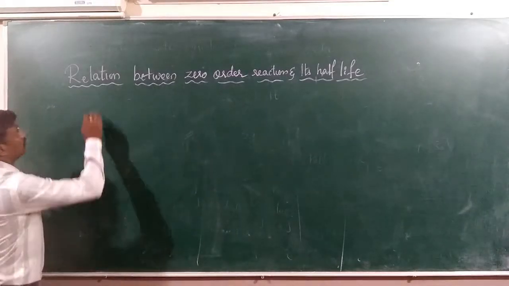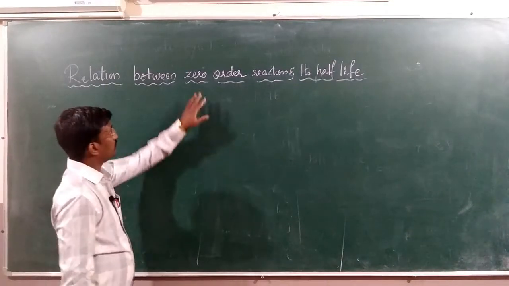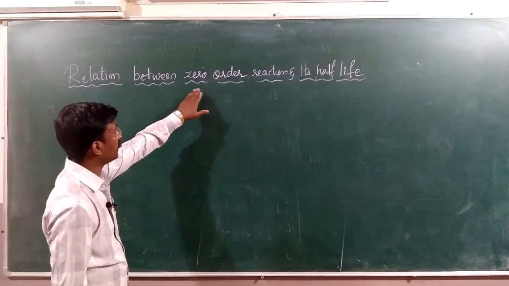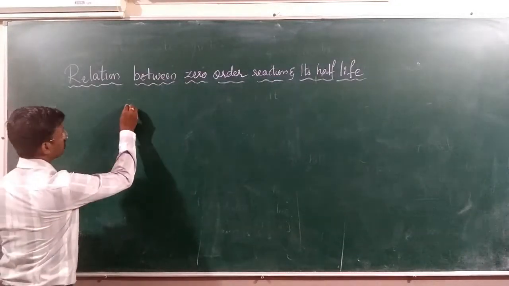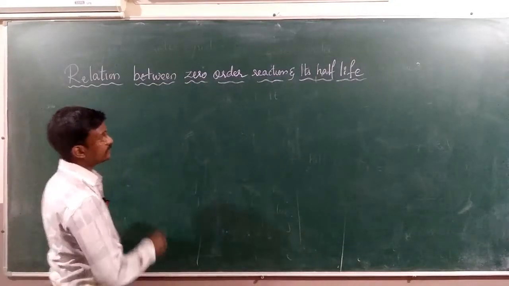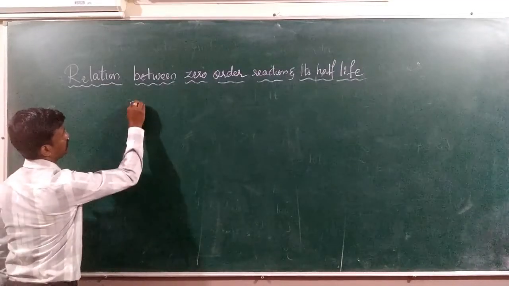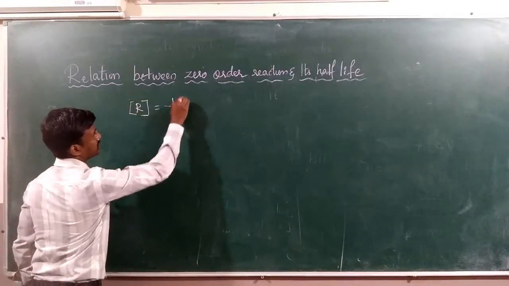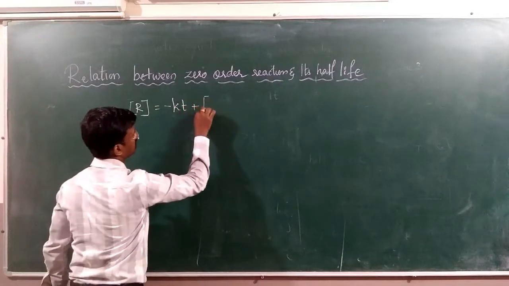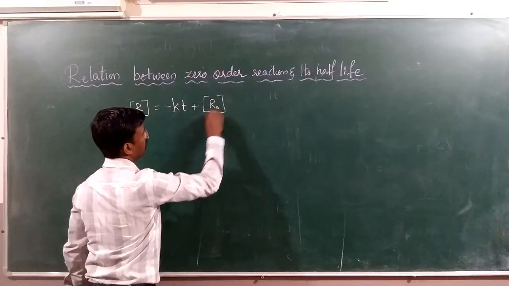So here, to relate half-life and zero order, we will take the zero order reaction, where the concentration of R is equal to minus Kt plus R naught. Do you remember this one?